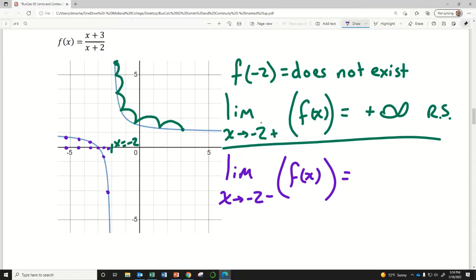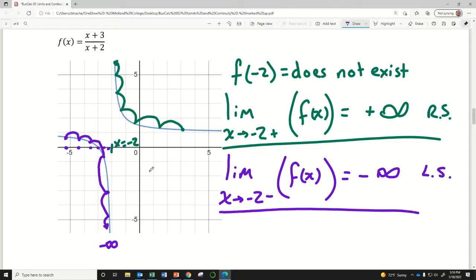And as I do this, approaching x equals -2 from the left side, it seems like the output of my function is approaching -infinity out here. And so again, this is a case where the left-sided limit and the right-sided limit seem to disagree for the same point.